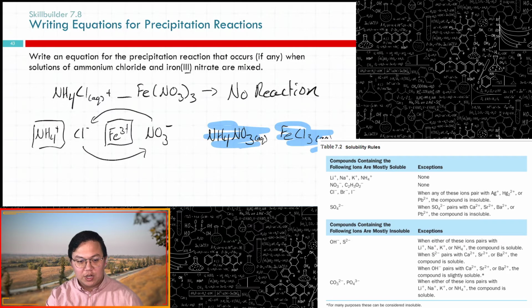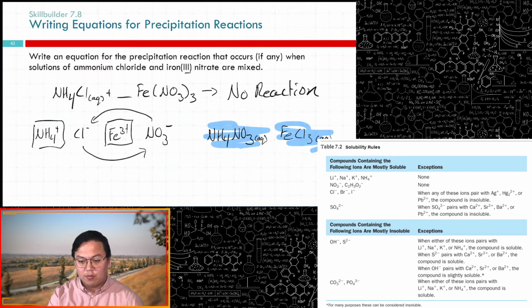And then I'm just checking too for the cations, right? Because this list only has cations at the very top, and there's only 4 of them. In these exceptions, there are other cations. And if you notice, those are the same most of the time. Calcium, strontium, barium. And then down in our mostly soluble, those are calcium, strontium, barium, calcium, strontium, barium.